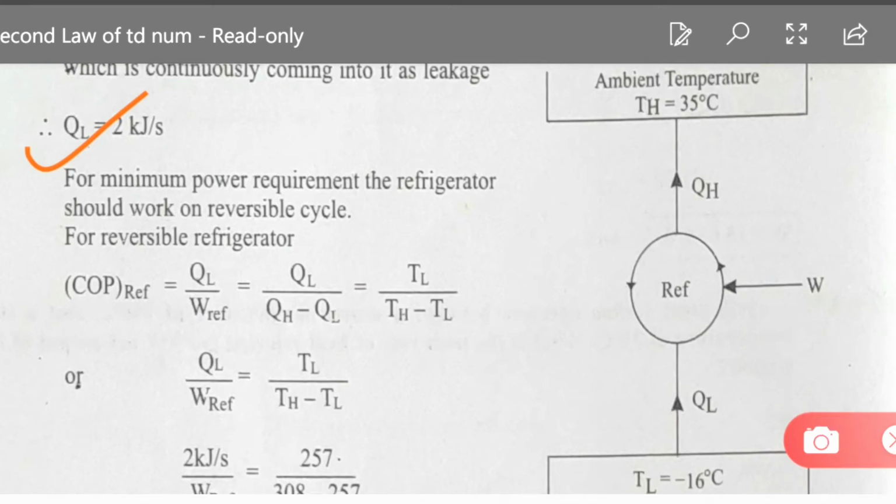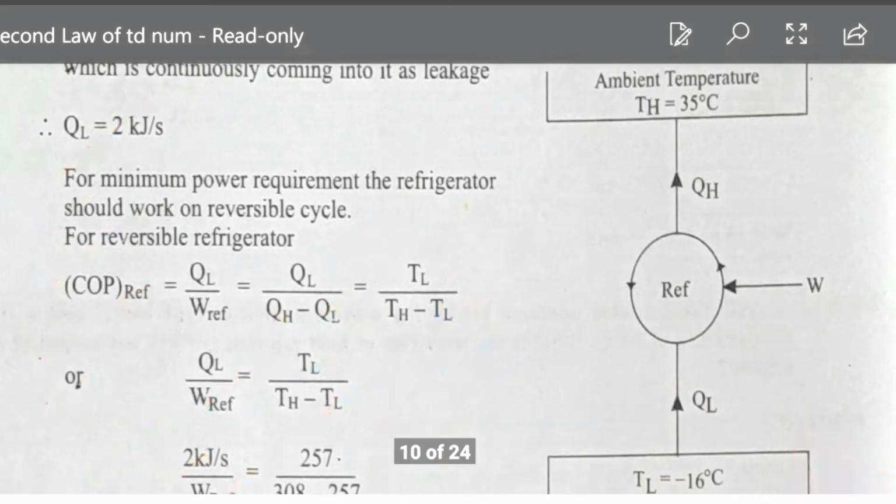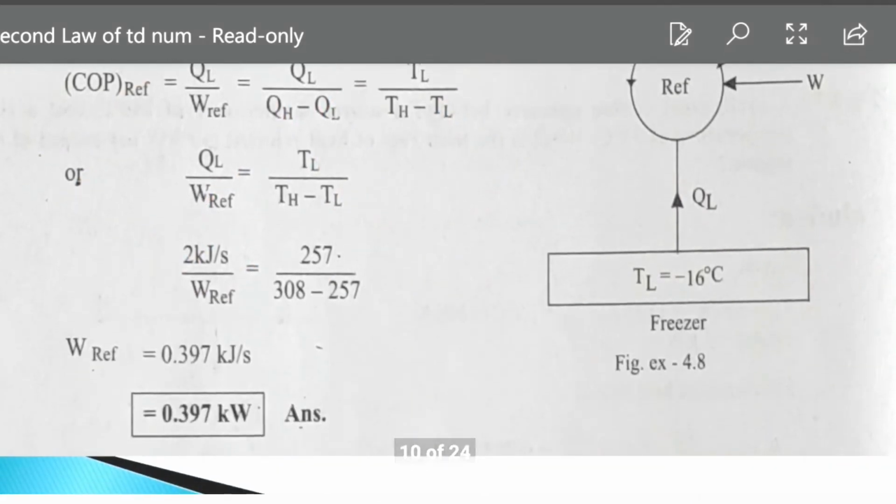Okay, now for reversible refrigerators, COP of refrigerator is equal to QL upon W refrigerator, equal to QL divided by QH minus QL, and in terms of temperature, that will be equal to TL divided by TH minus TL. Putting these values, QL is 2 kilojoule per second, TL is 257 and TH is 308.